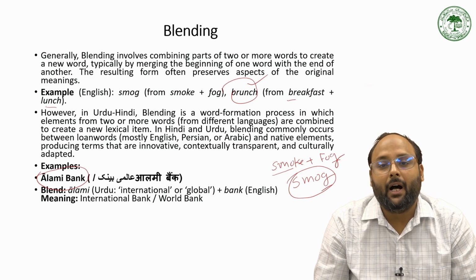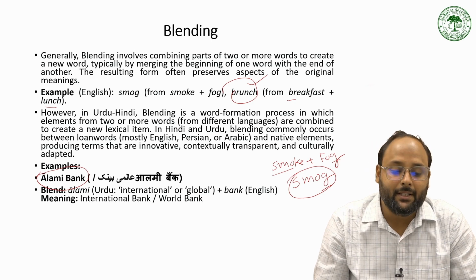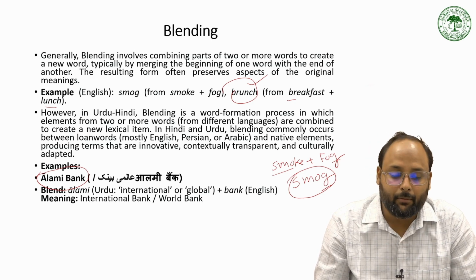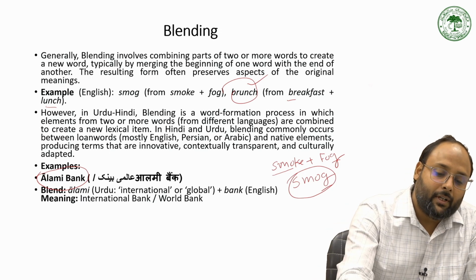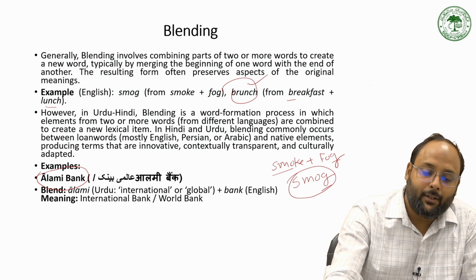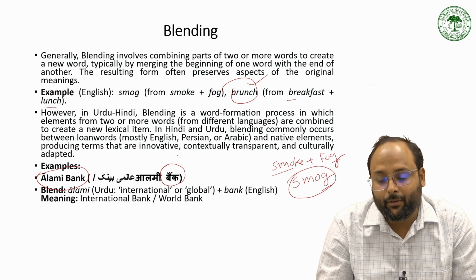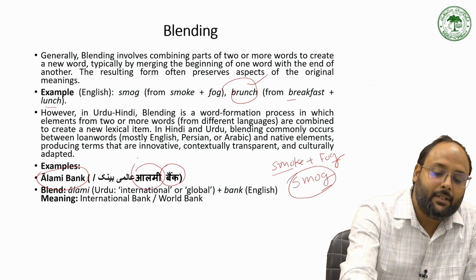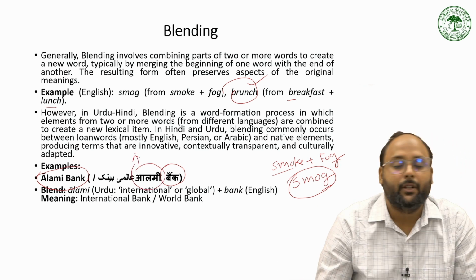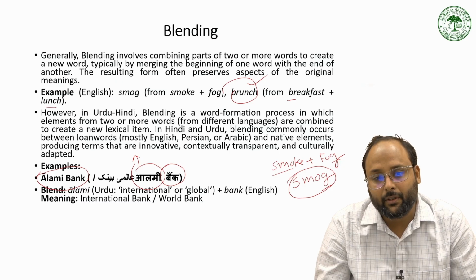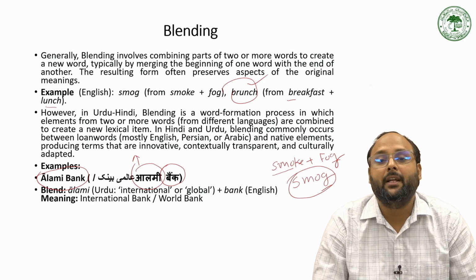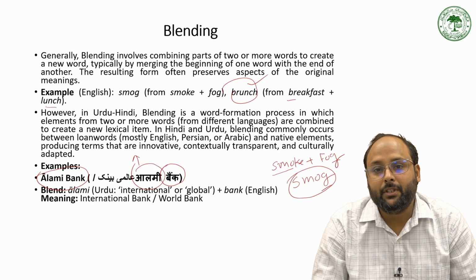So it becomes Alami Bank, the international bank or world bank. So we use bank from the foreign language and Alami is the native word from Urdu or Hindi. So that is called the blending process, a word formation process in Urdu Hindi.